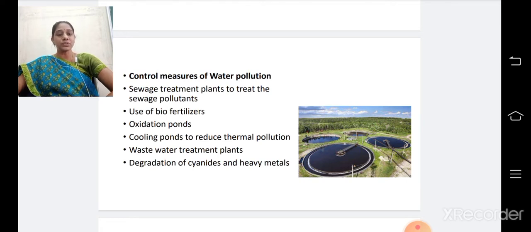Wastewater treatment plants are also useful. So degradation of cyanides and heavy metals. These heavy metals and cyanides are very hazardous to health. They must be degraded. So in this way, by following different control measures, we can reduce this water pollution.